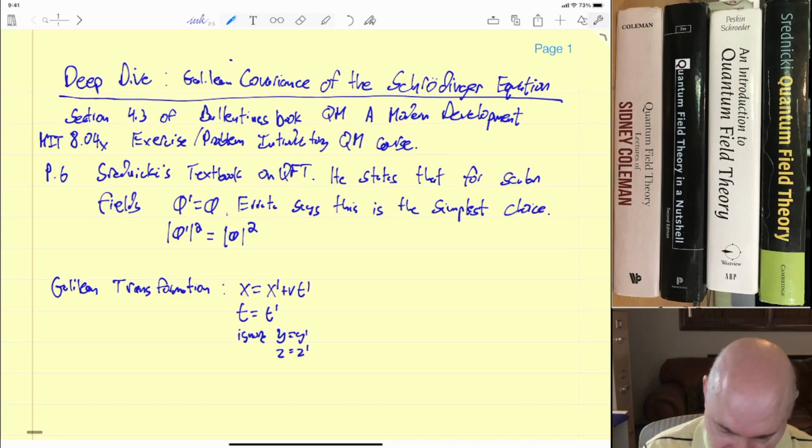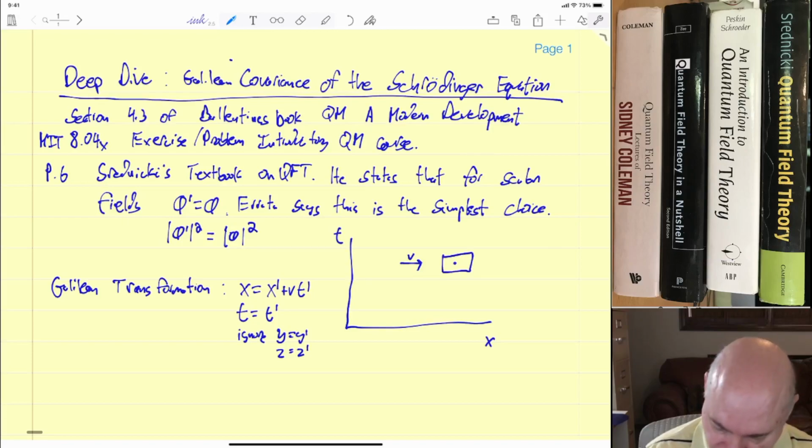So a way to think about this transformation, again, imagine you have a coordinate system. Here's t, here's x, and then we have another system just moving along with a velocity v. Let's say we have a box and there's a particle in it or whatever.